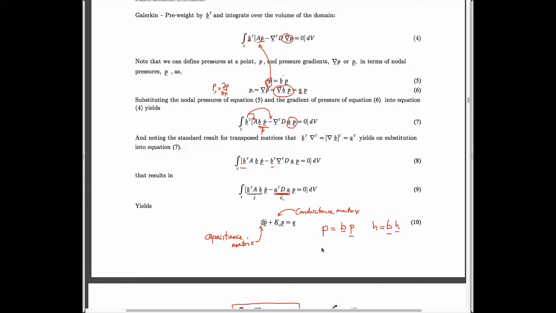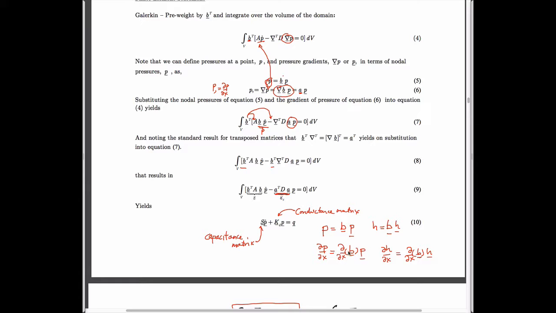And we also know that the gradients of heads, if you just take the derivative of this, is equal to the derivative of the shape functions multiplied by nodal pressures, which is the same as the derivatives of the heads is equal to the derivatives of the shape functions multiplied by the nodal heads.